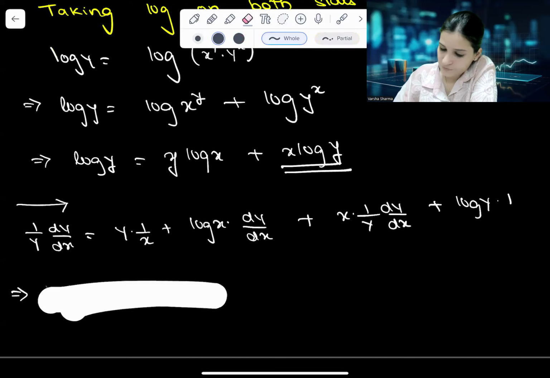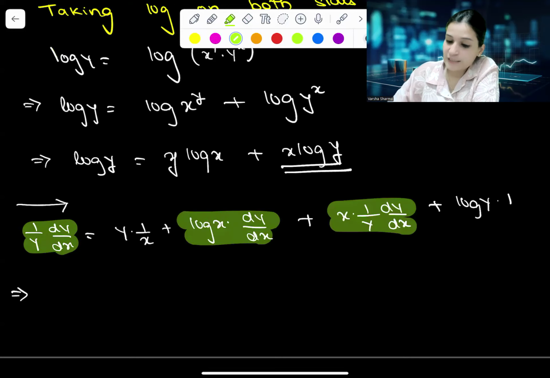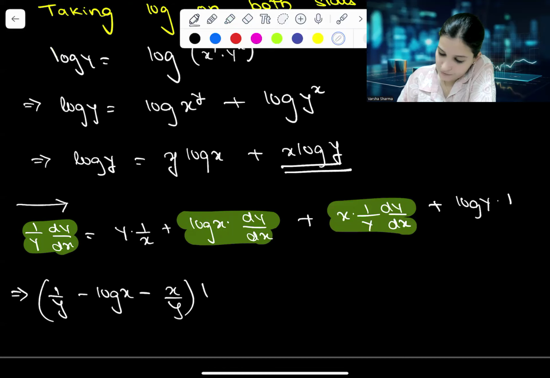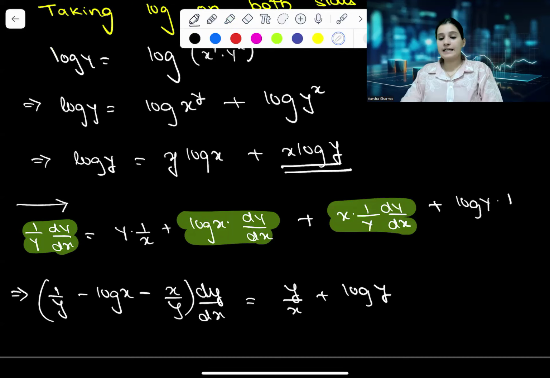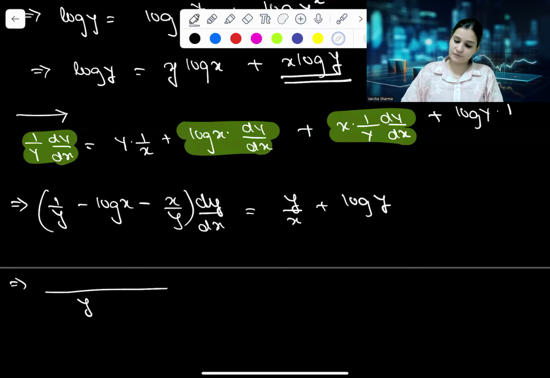The terms that contain dy by dx, we can bring on one side: 1 by y minus log x minus x by y dy by dx. And the terms without it: y by x plus log y. Take LCM on both sides. Taking y here, 1 minus y log x minus x.